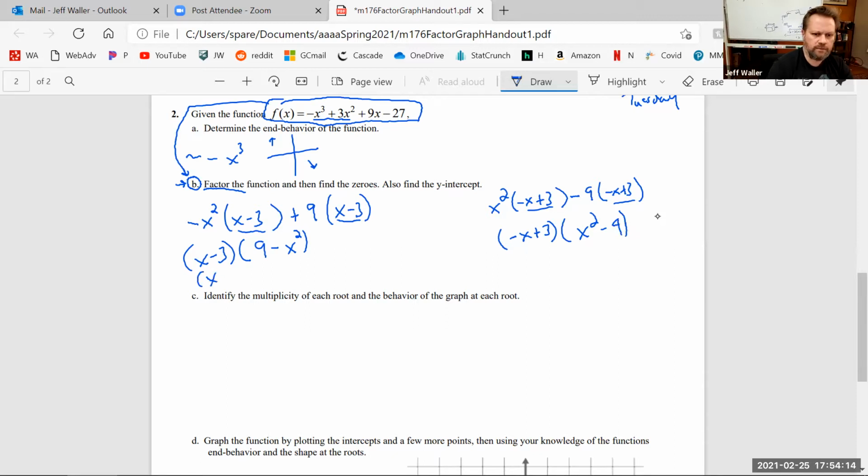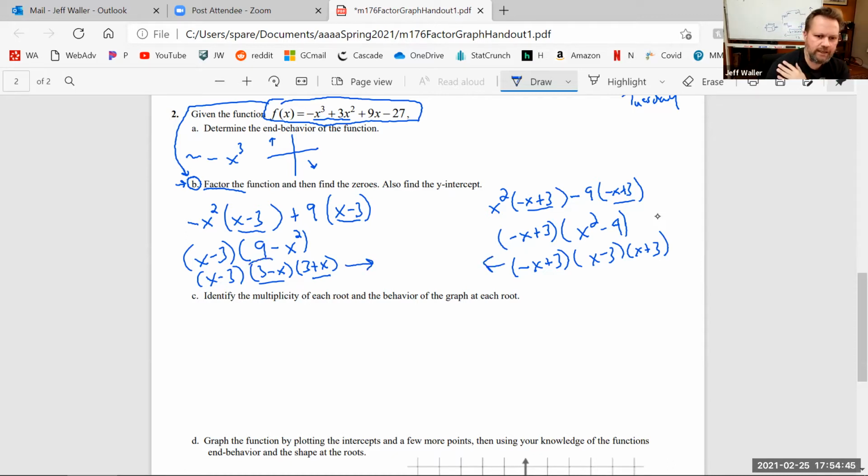So here I get x minus 3, and then this is a difference of squares, right? What do you get here and here? 3 minus x and 3 plus x. I love it. And if I do this one, I'll get x minus 3 and x plus 3. Now, is this written in the best form? No. So this is where they're both going to come together.